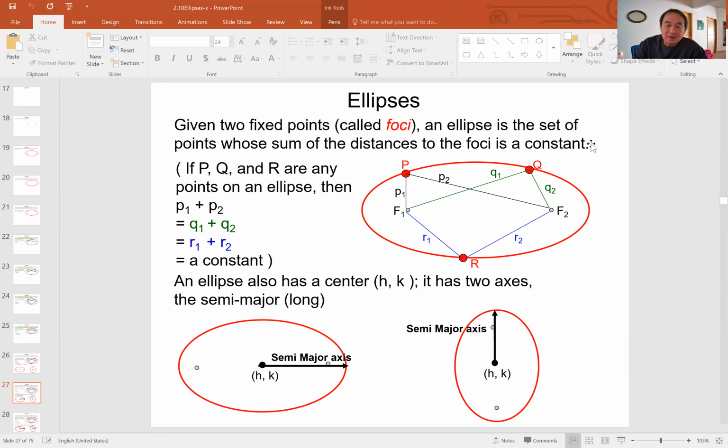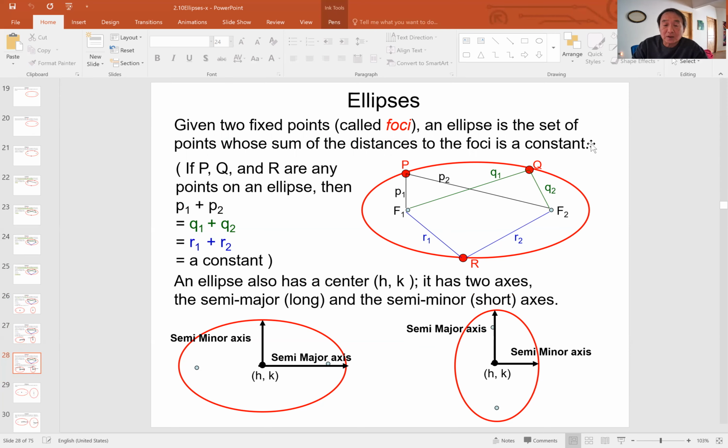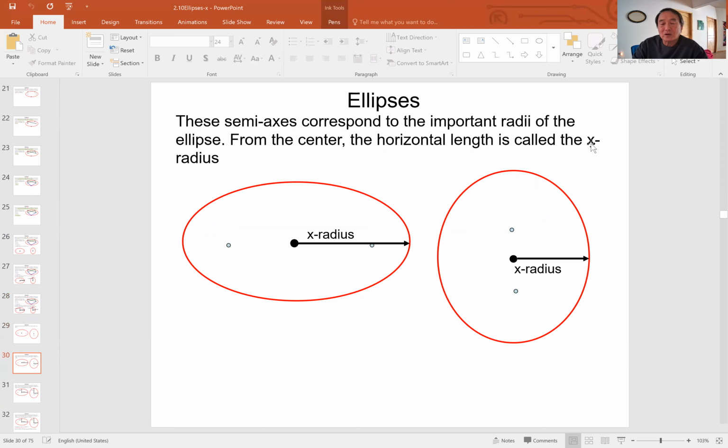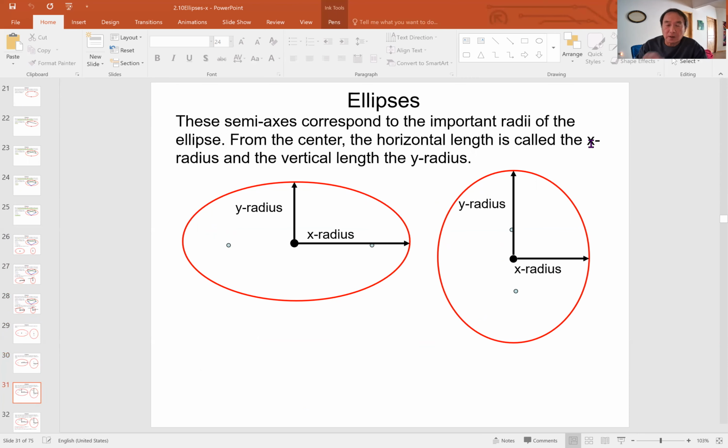We have 2 axes: the longer axis is called the major axis, and the shorter one is called the minor axis. What we are going to use is just the radius in the x direction and the radius in the y direction to graph the ellipses.